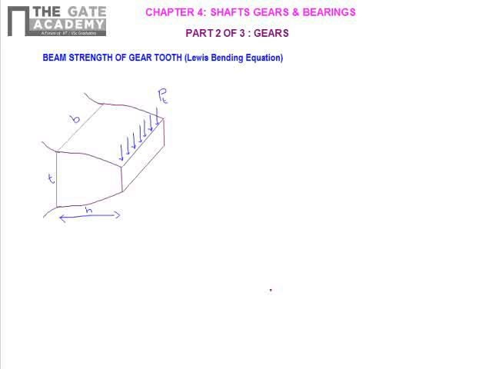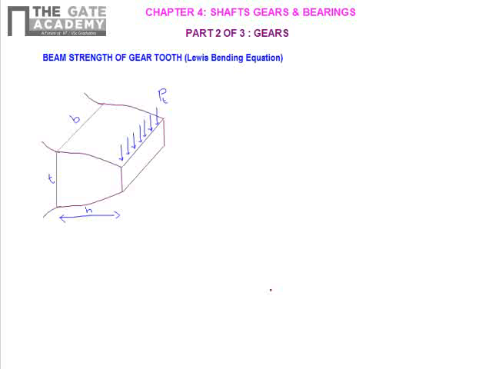So these kinds of questions can be easily answered once you know the concepts clearly. Now we will see the important concept of beam strength of a gear tooth, or the Lewis bending equation. The analysis of bending stresses in a gear tooth was done by Mr. Wilfred Lewis in the paper Investigation of Strength of Gear Tooth.